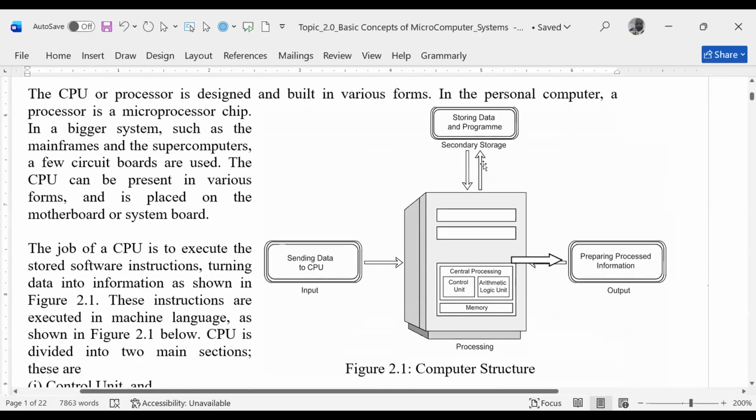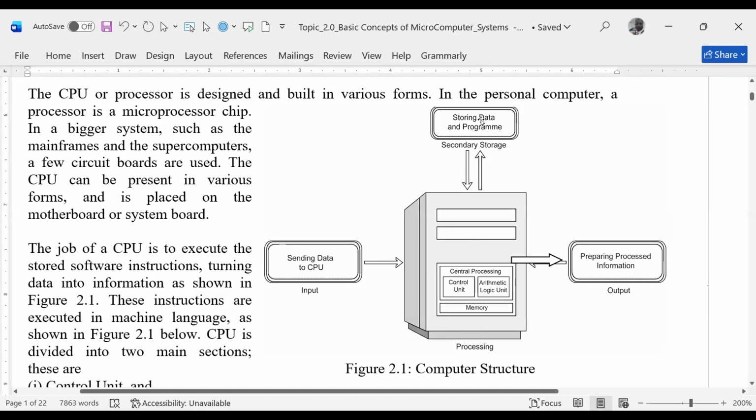The figure here shows how the CPU works. The central processing unit is here. It has two main components, the control unit and the arithmetic logical unit. I've explained to you that there are three key components you need to consider when buying or selecting a computer.